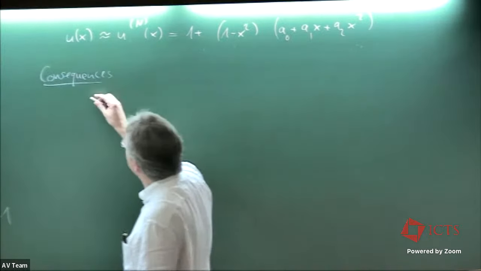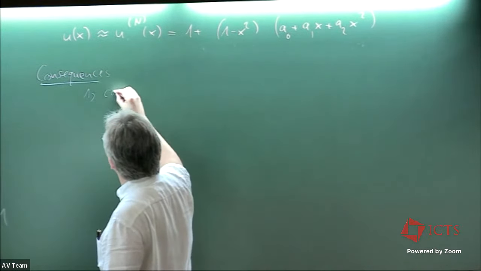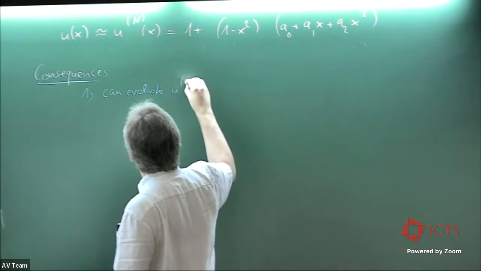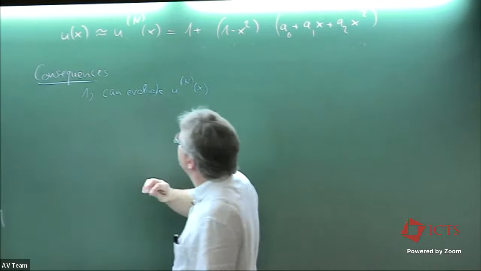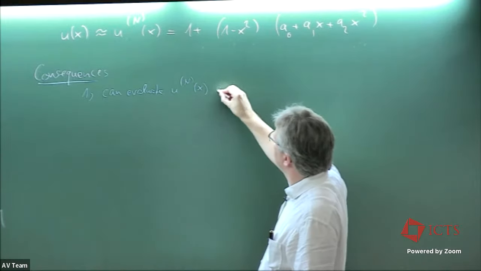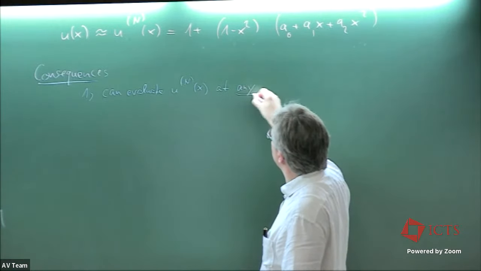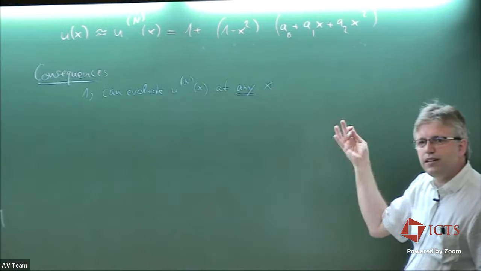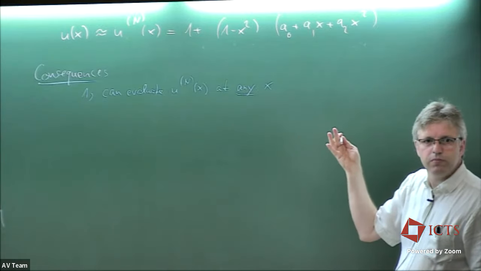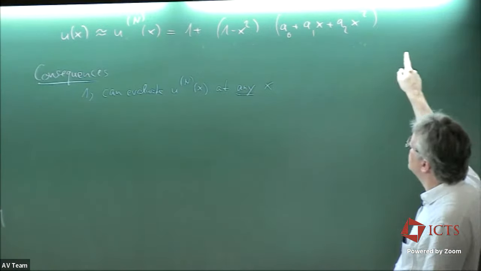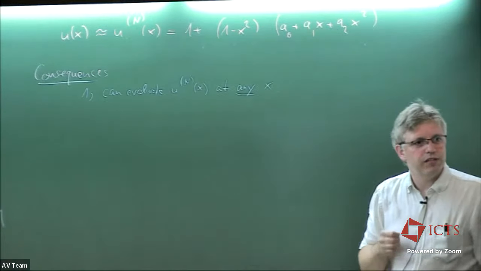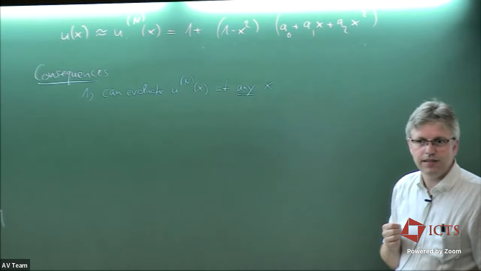So the first thing is, I can evaluate my approximation for any x. So fundamentally, there aren't any grid points in spectral methods because everything is based around full functions that are living everywhere on the computational domain one is interested in.